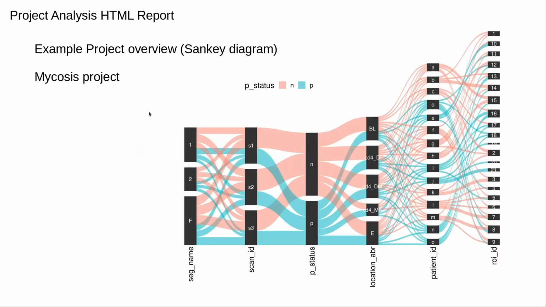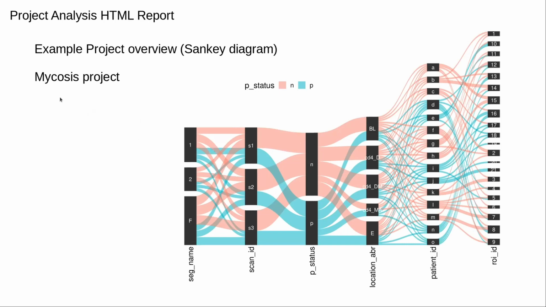So for instance, one of the first things that we see in such a report is a project overview in the form of a Sankey diagram. This is where we can have an overview of the project.